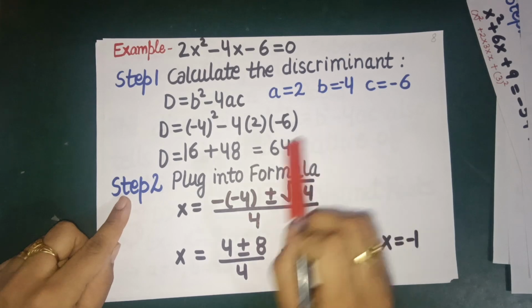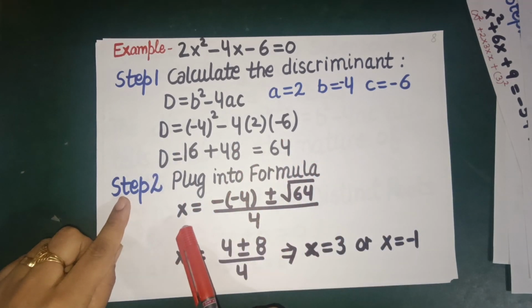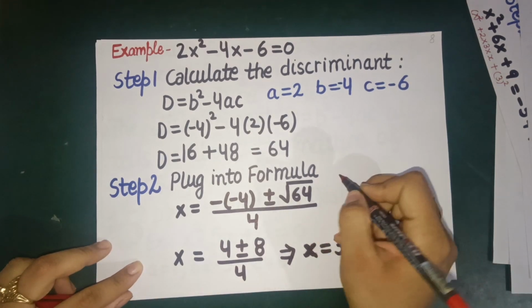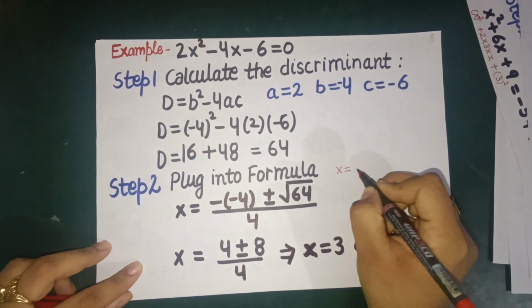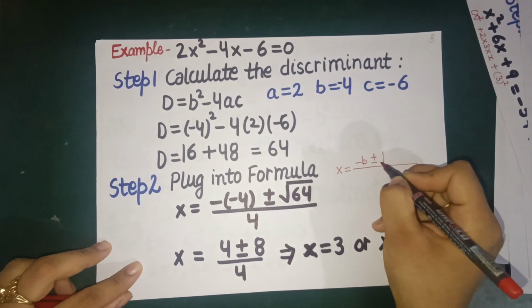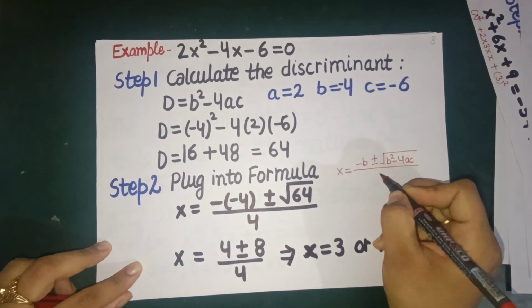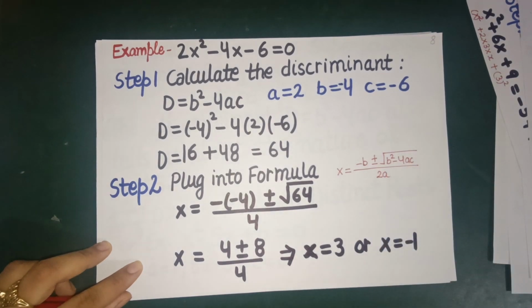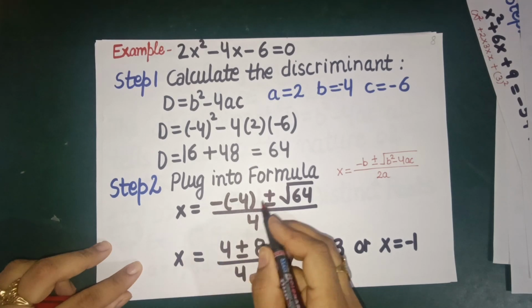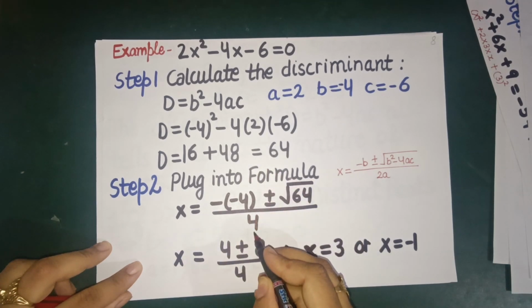Step number 2 says plug into the formula and put all these values. The formula is x = (-b ± √(b² - 4ac)) / 2a. Here b is -4, so minus of -4 plus minus, we have calculated D here, that is 64, by 2a.